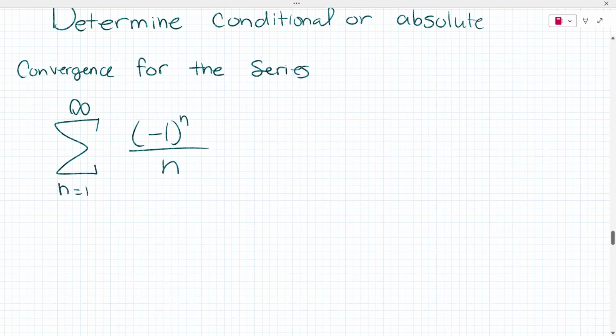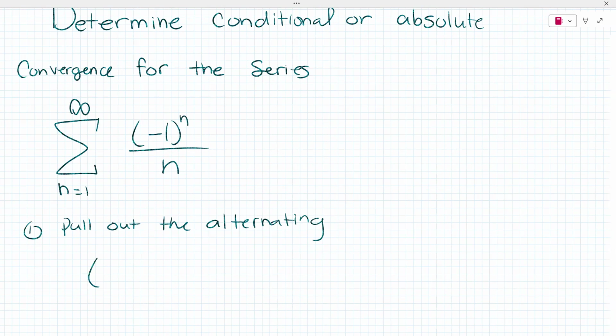So step one, we have this series, the summation from n equals 1 to infinity of -1 raised to n over n. We definitely use the alternating series test, so go ahead and pull it out. You're left with 1 over n.